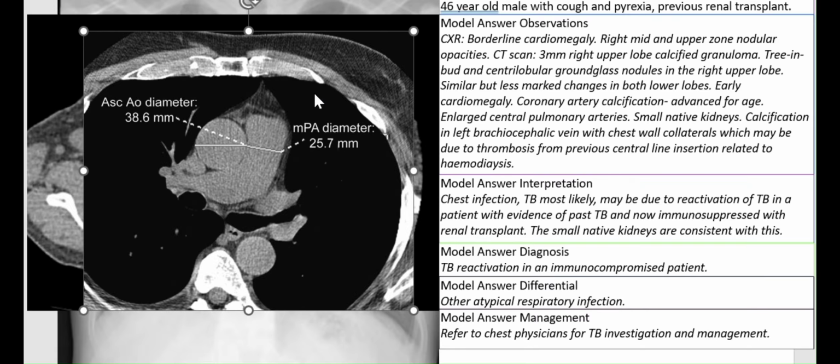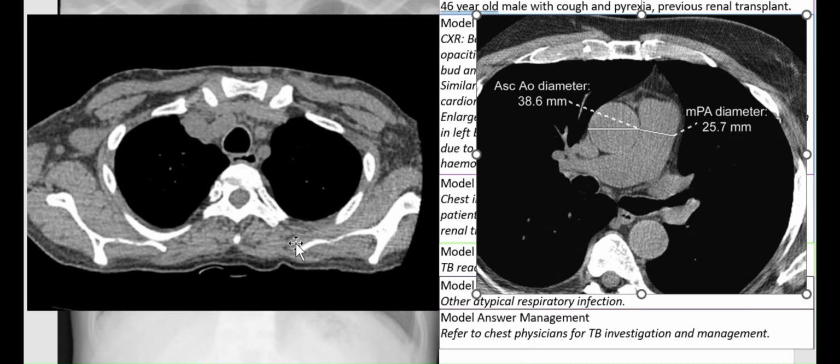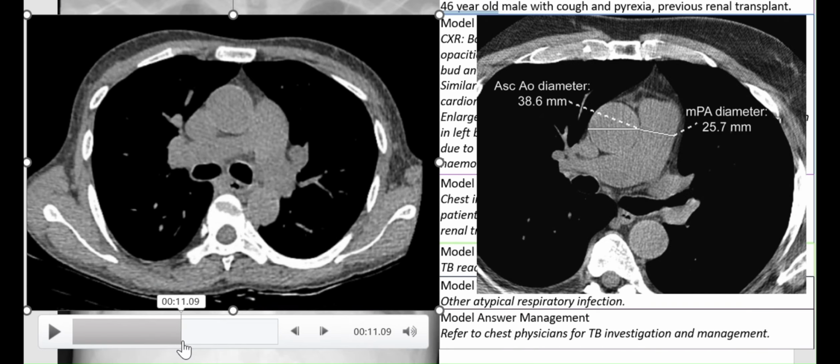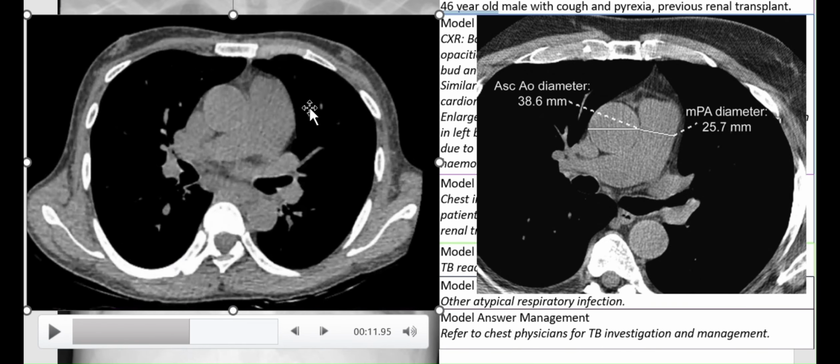However, here the main pulmonary artery diameter is more than the ascending aorta diameter, equal or even more than the ascending aorta diameter.